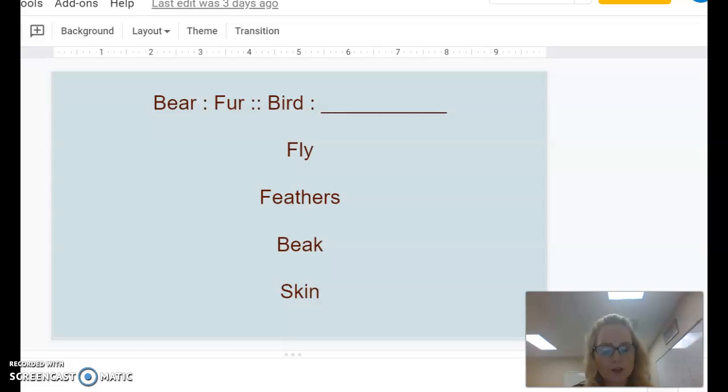So if the first connection is the second part covers the first, I'm wondering what covers a bird. And given my options, I can see that the answer must be feathers. Bear is to fur as bird is to feathers. Both halves of the analogy relate an animal to its covering.